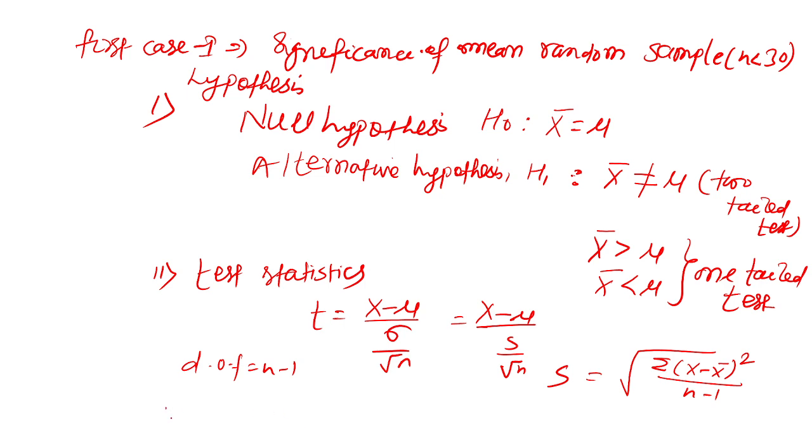Then after that we have to take the decision. How come? Like if we have to calculate, given the level of confidence alpha, we'll take one more page.